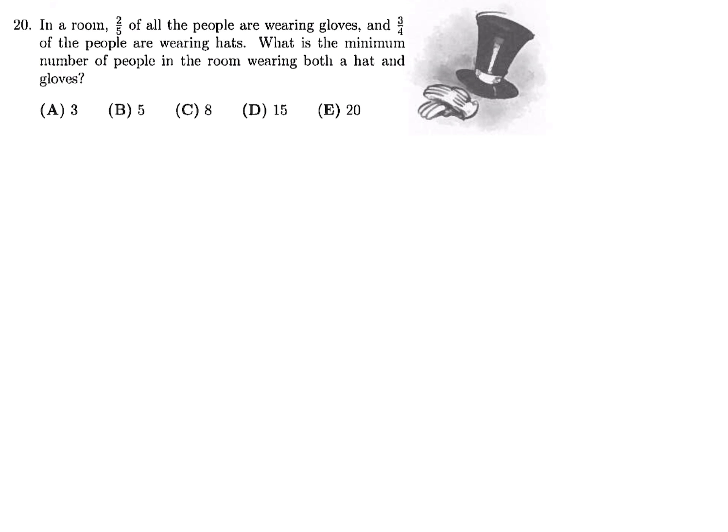In a room, 2/5 of all people are wearing gloves, 3/4 are wearing hats. What is the minimum number of people in the room wearing both a hat and gloves? Well, the fractions are interesting, right? You got 2 over 5 that are wearing gloves, and 3 over 4 are wearing hats. Now, these are people, so these have to be integers.